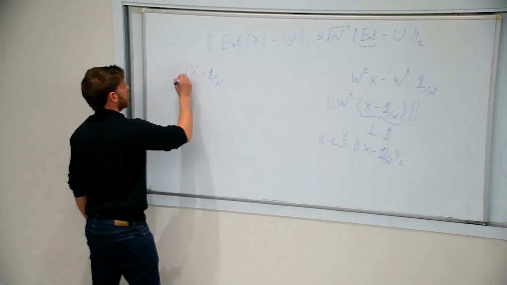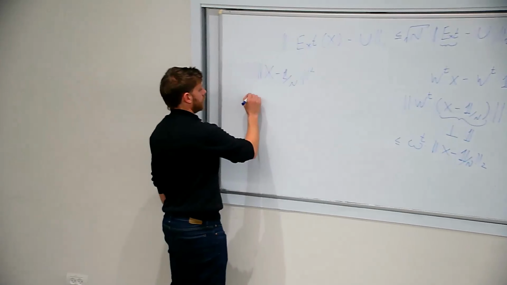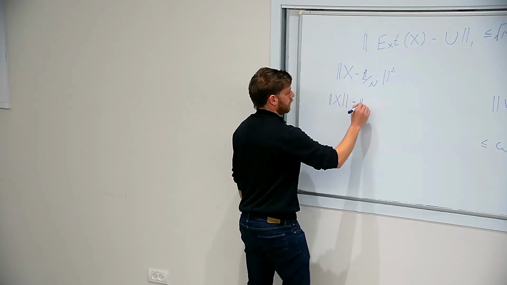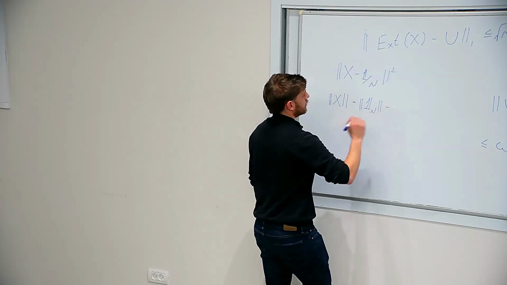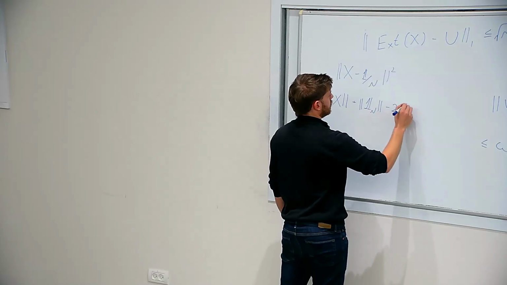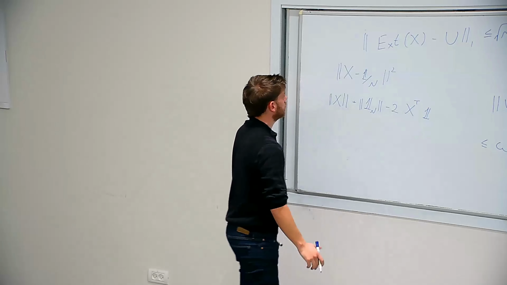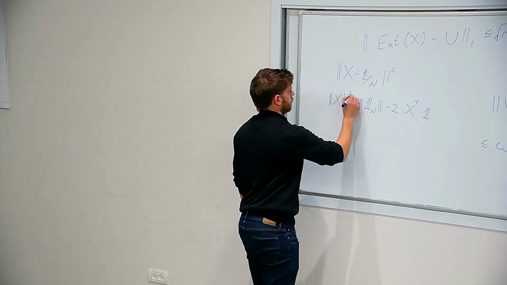Let's compute the norm squared. It's the norm of X squared plus the norm of 1 over n squared, minus 2 times X transpose times the 1 over n vector.